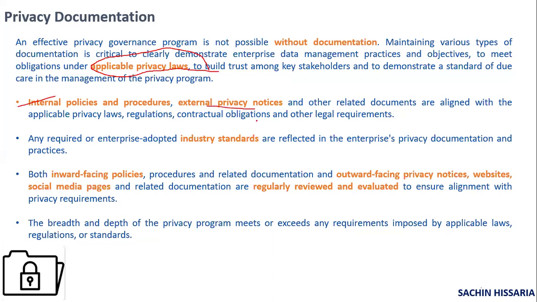They also need to adopt certain industry standards as we discussed earlier, like NIST or ISO. The company needs to make sure that both inward facing policies, procedures and related documentation, and outward facing privacy notices, websites and social media pages are regularly reviewed and evaluated to ensure they align with the privacy requirements.